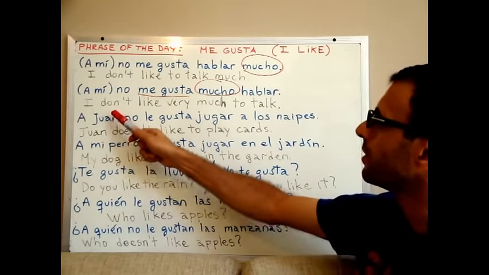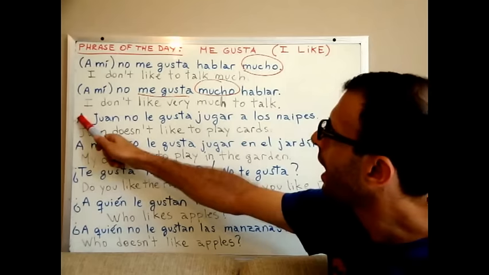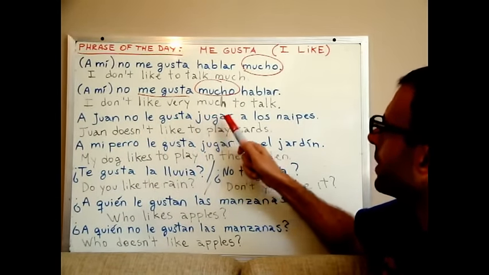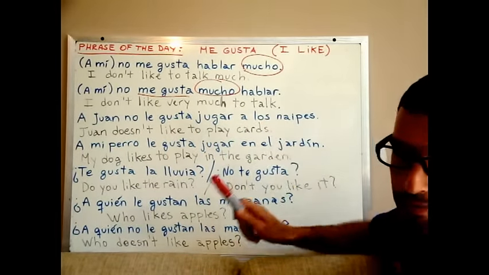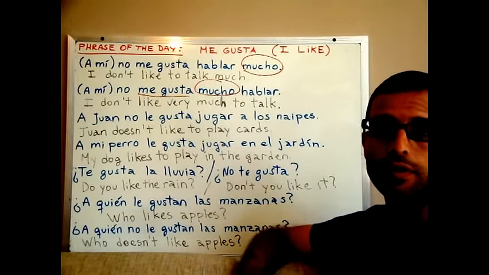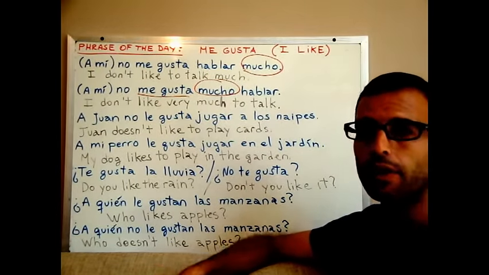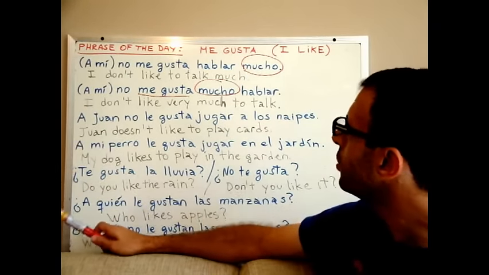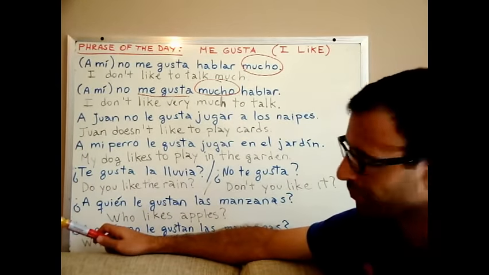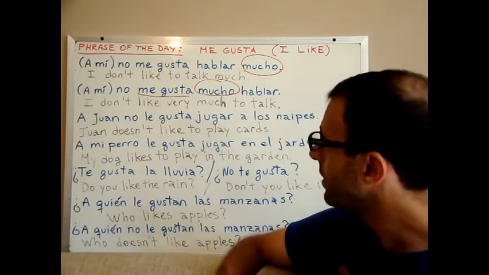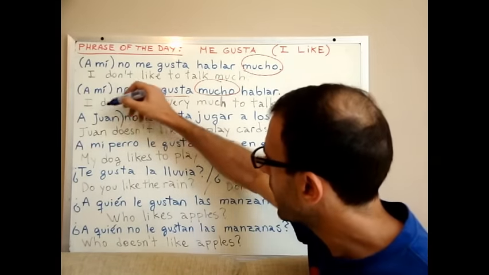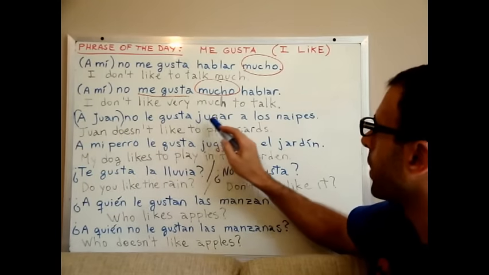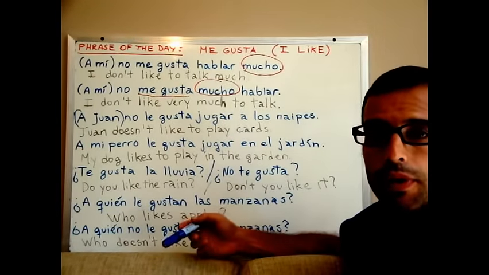Let's go to the third example. A Juan no le gusta jugar a los naipes. Naipes are cards, the cards for playing cards, okay? We could omit a Juan and just say no le gusta jugar a los naipes. He doesn't like to play cards.